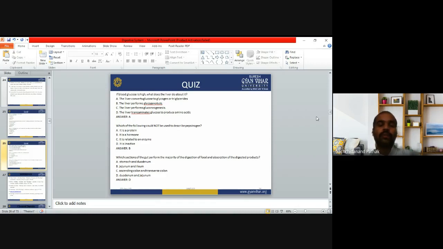So the liver converts glucose to glycogen, and this glycogen can be stored in the liver. When the blood glucose level is reduced later on, the liver can convert this glycogen back to glucose and give it to the blood, so the blood glucose level increases again. So that is correct. Answer A is correct.